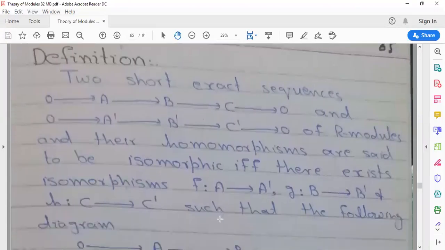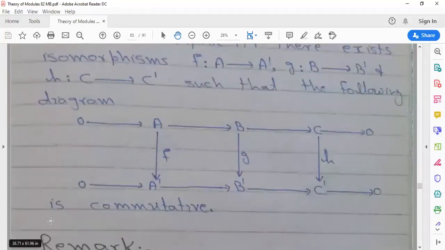After this, we studied a definition. This definition states that two short exact sequences, 0 to A to B, B to C, and C to 0, and 0 to A' to B', B' to C', and C' to 0, of R-modules and their homomorphisms are said to be isomorphic if and only if there exist isomorphisms f from A to A', g from B to B', and h from C to C' such that the diagram is commutative.